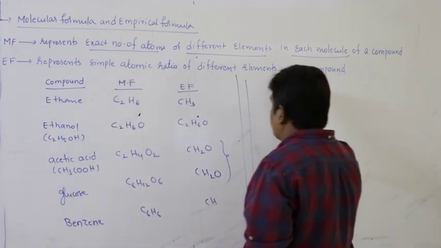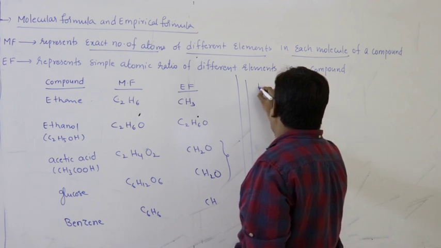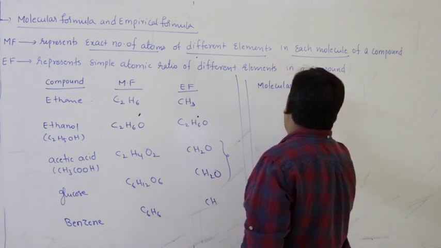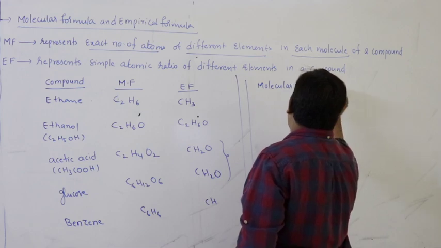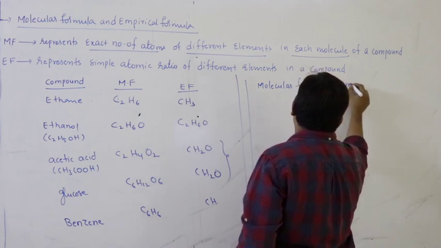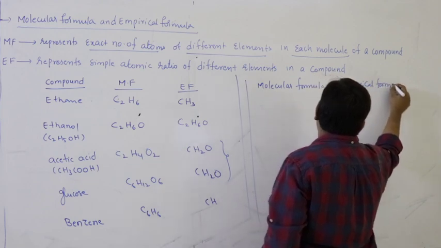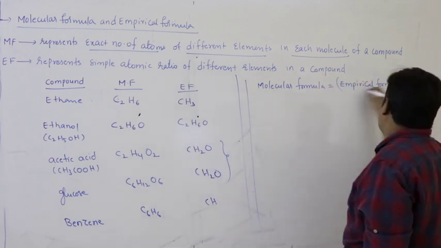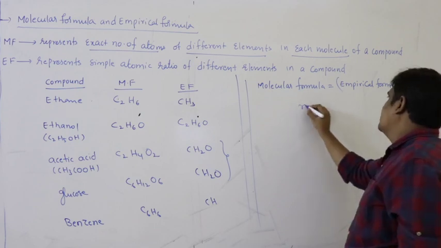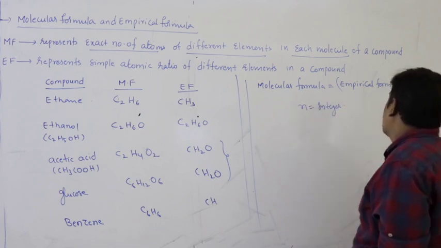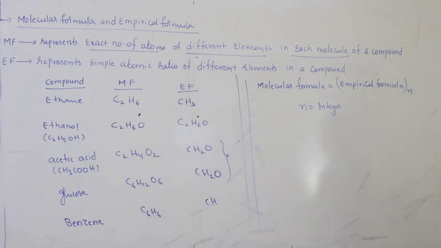So what is the relation? Right. Molecular formula of a compound is equal to its empirical formula by some number n. N is some integer. But how to find this n?